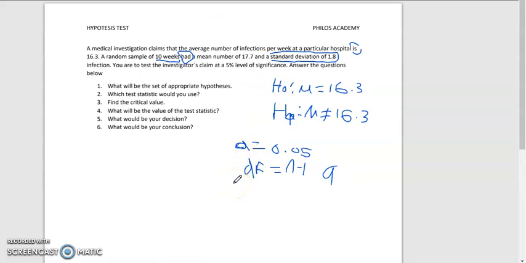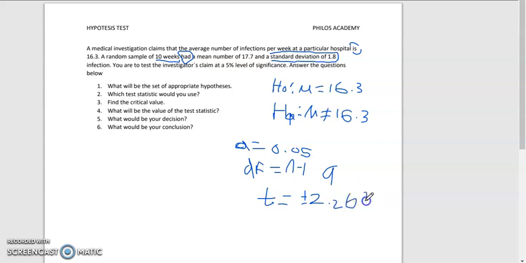T will be equal to plus or minus 2.262, which means negative 2.262 and positive 2.262.